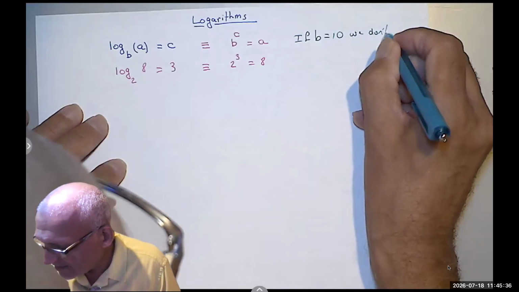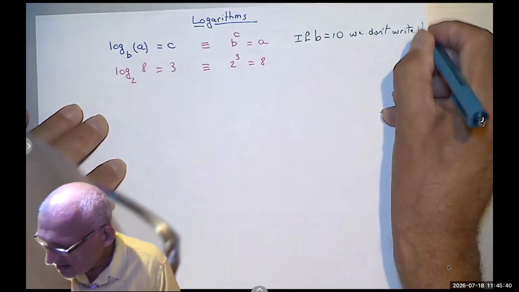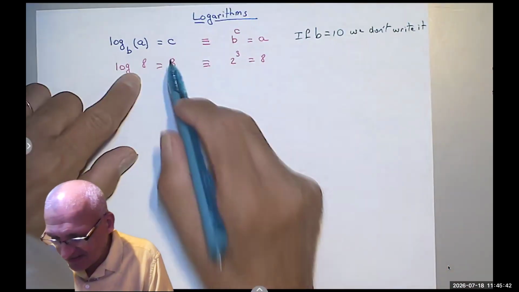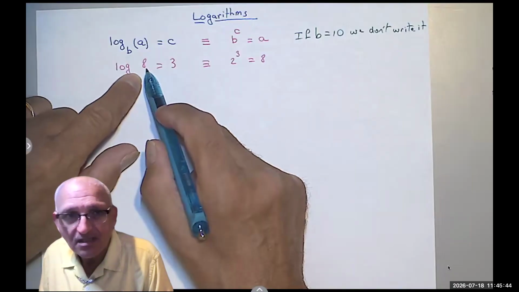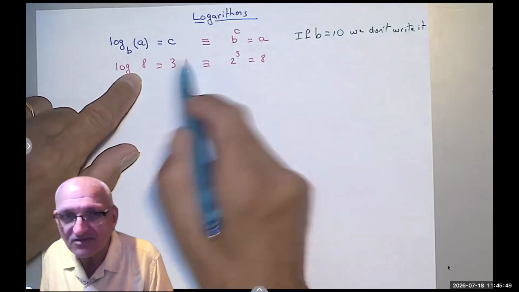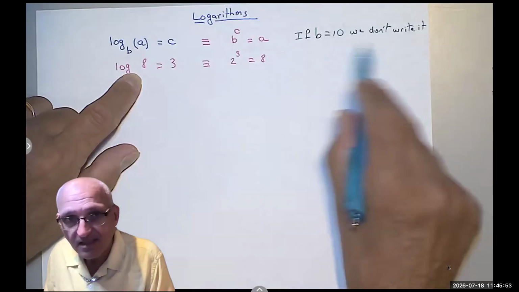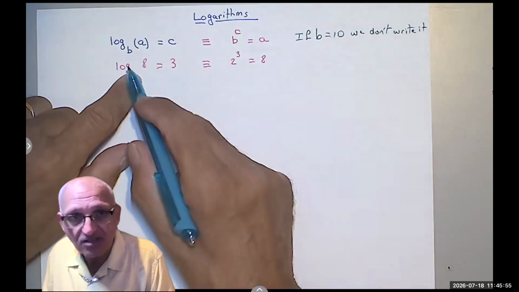We call that the common logarithm. So if you say log of 8, how do I express 8 as a power of 10? 10 to what value gives me 8? If I don't say anything, the base is 10, and we call it just log.